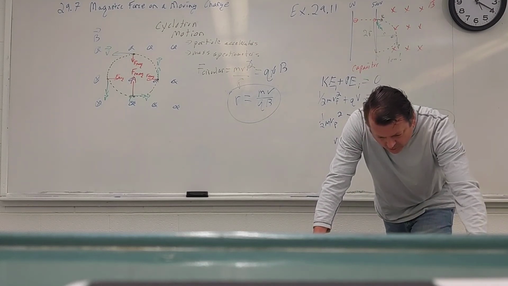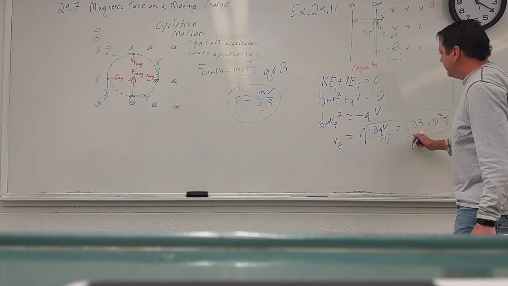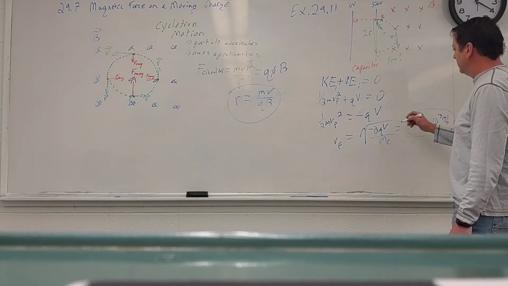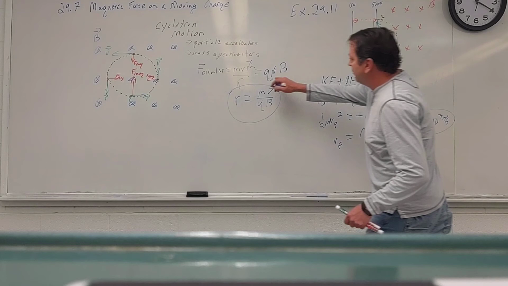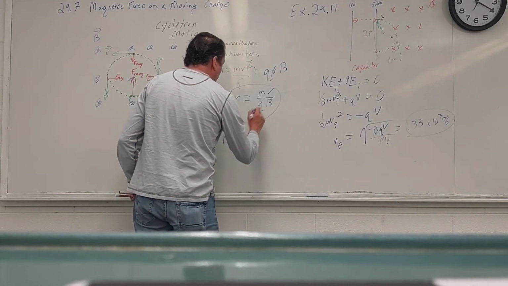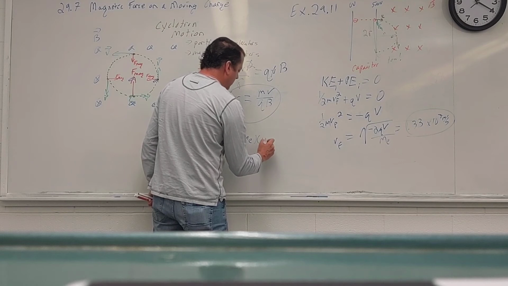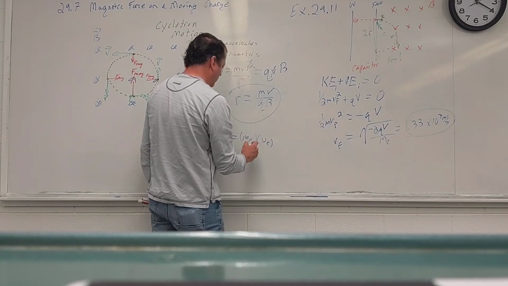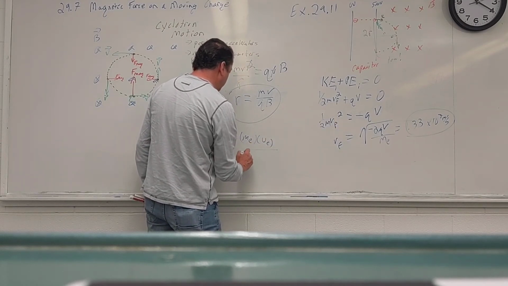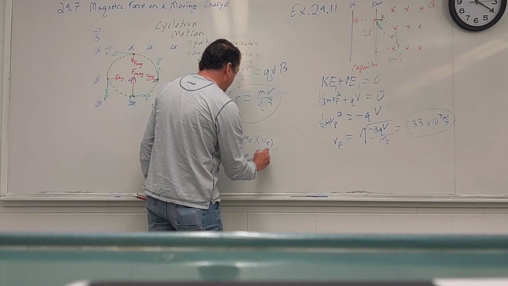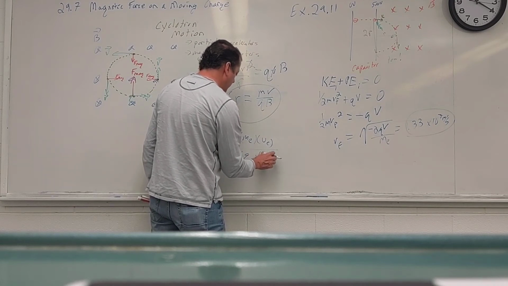Now, once you have that, you can find the radius. So now the radius is going to be equal to the mass of that electron times the velocity of the electron from over there, over the charge of an electron times the strength of the magnetic field in the problem.